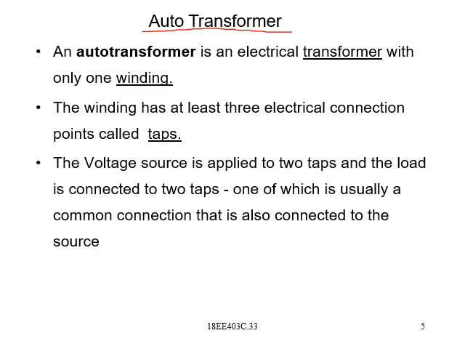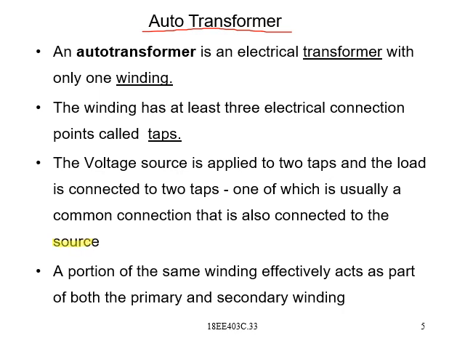The voltage source is applied to 2 taps and the load is connected to 2 taps, one of which is usually a common connection that is also connected to the source. And a portion of the same winding effectively acts as part of both the primary and secondary winding.